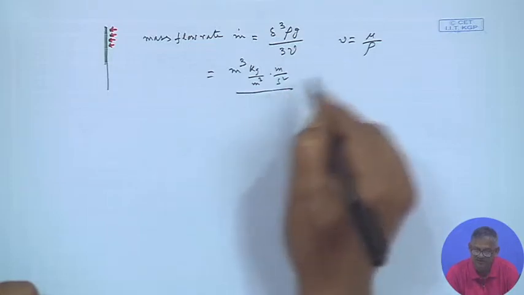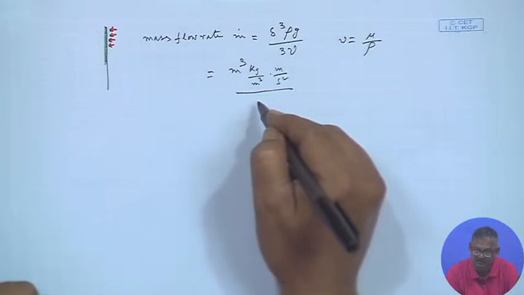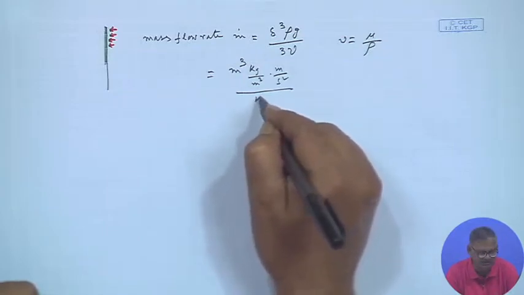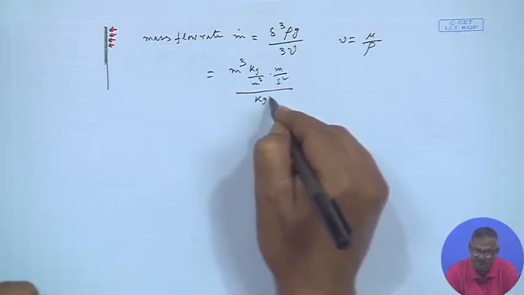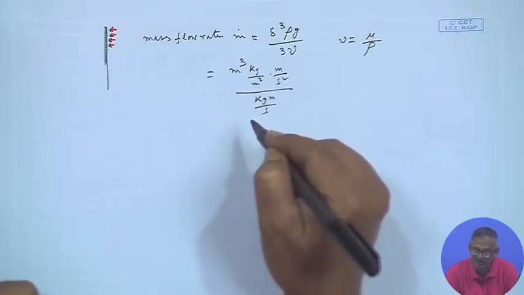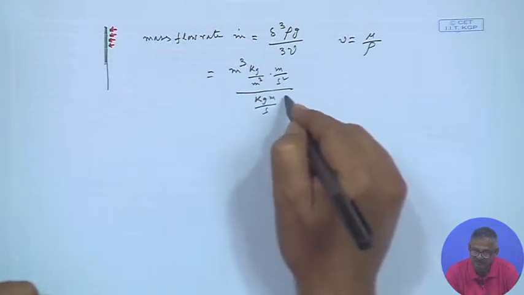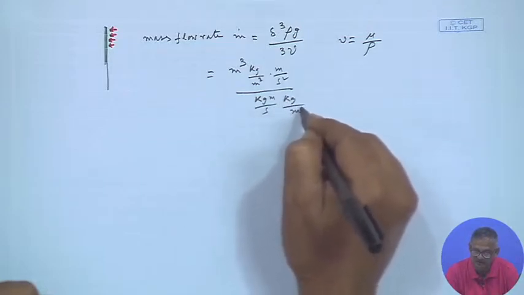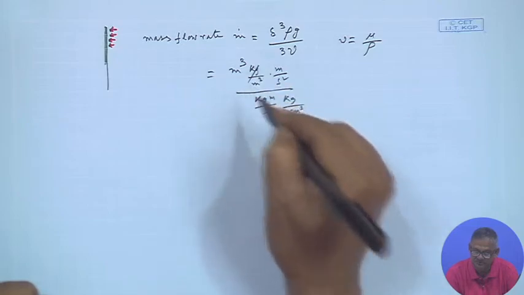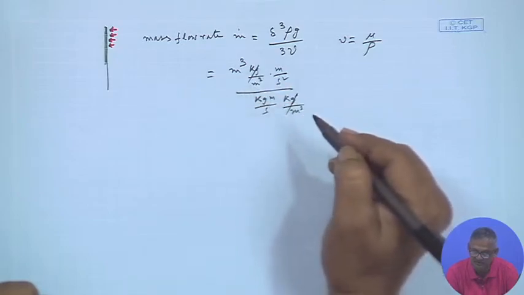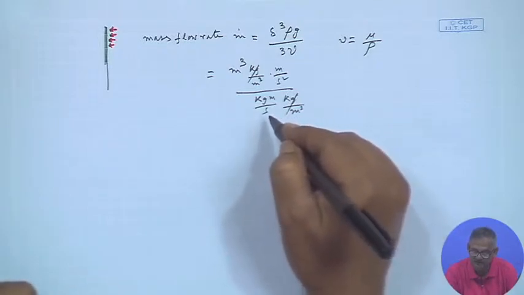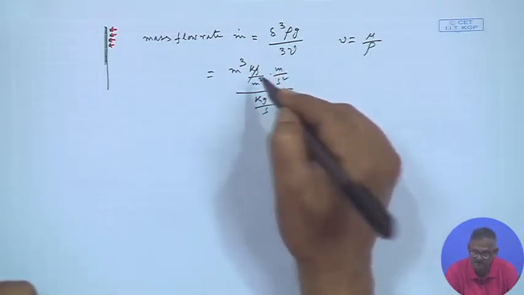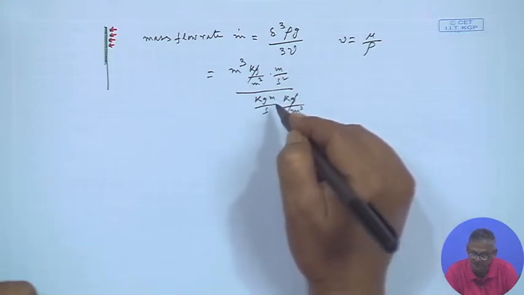And nu is viscosity by rho, that is kg per meter per second, divided by density in kg per meter cube.